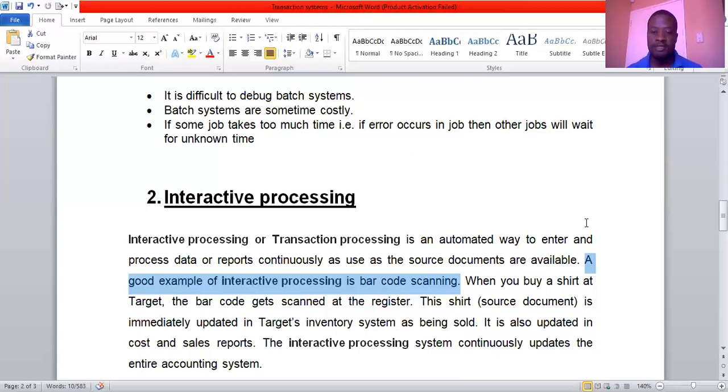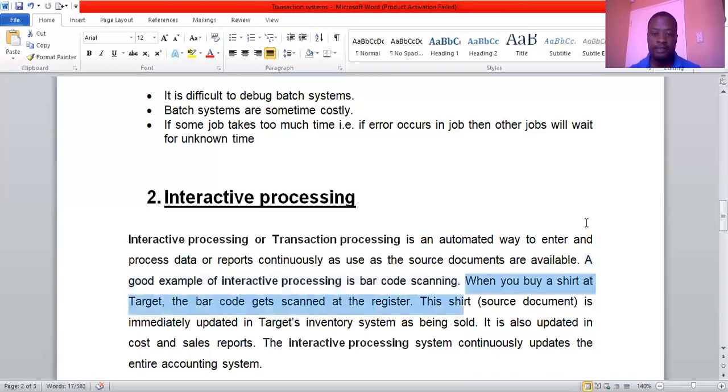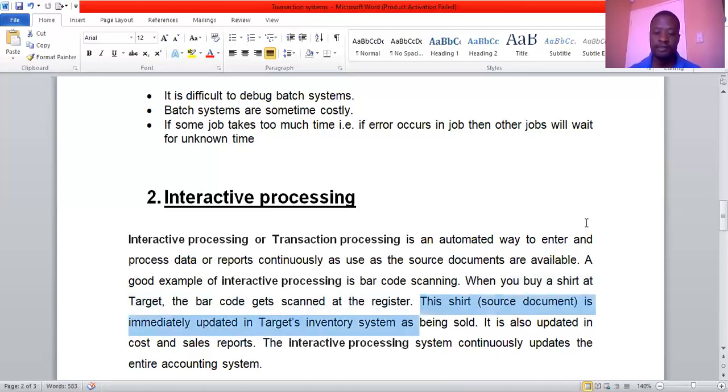So it says here, when you buy a shirt at a certain store, the barcode gets scanned at the register. This shirt is immediately updated in Target's inventory system as being sold. This is what I said earlier. The database of this store is updated that this item is no longer in stock, somebody bought it, so it is marked as sold.